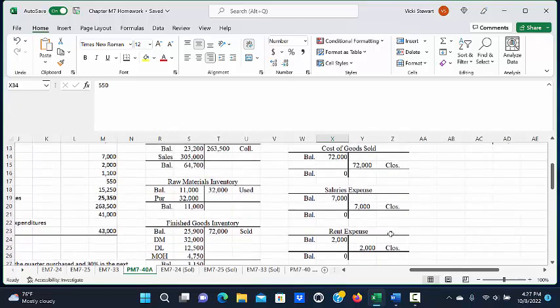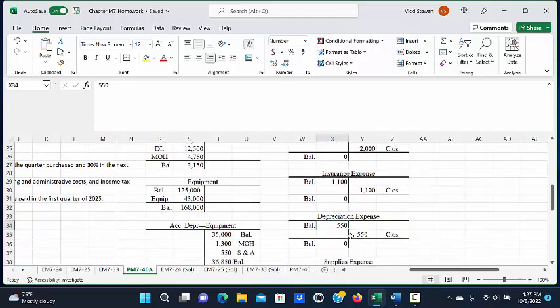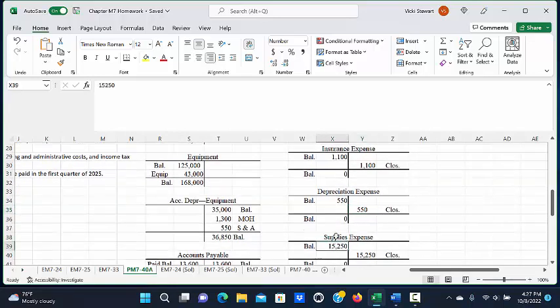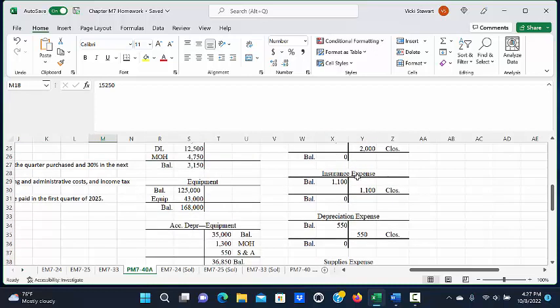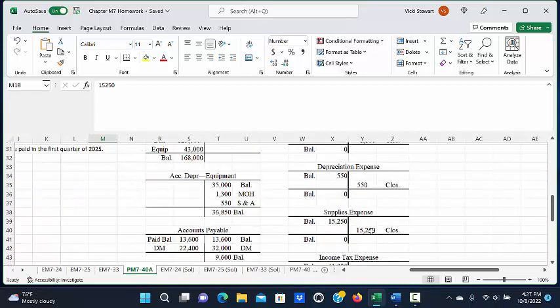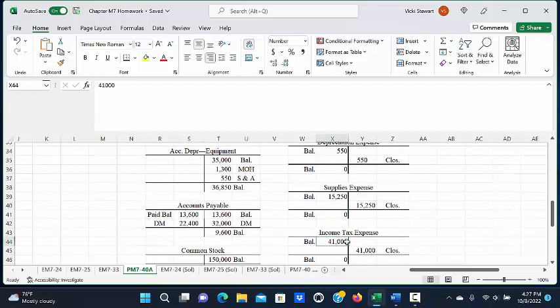The other depreciation expense was in manufacturing overhead. And then we had supplies expense of $15,250, and that would also have been closed. And then our income tax expense was $41,000, and that would have been closed to income summary.